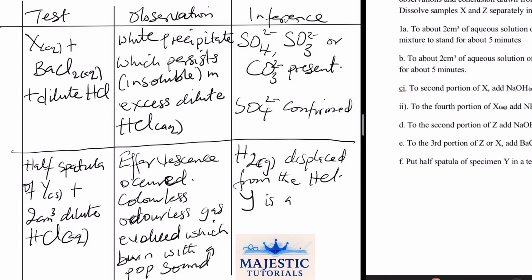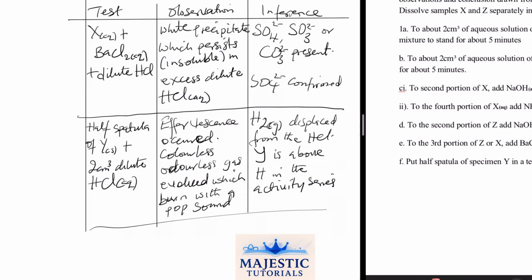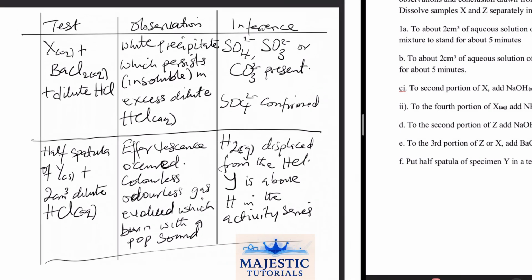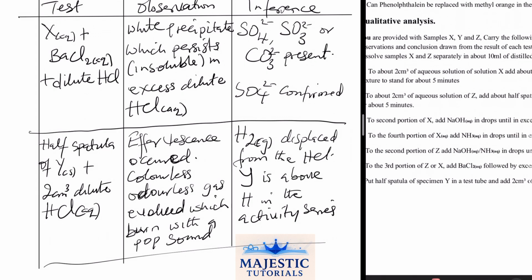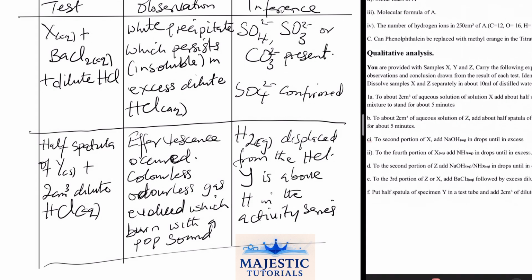Y is above hydrogen in the activity series. So these are the possible things we might encounter. Testing with litmus is also possible, even though I didn't see the litmus in the question, but we get prepared.